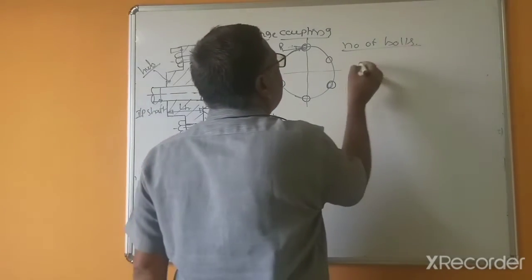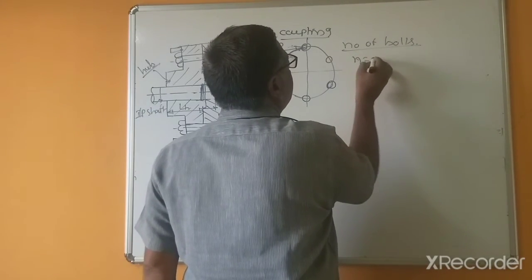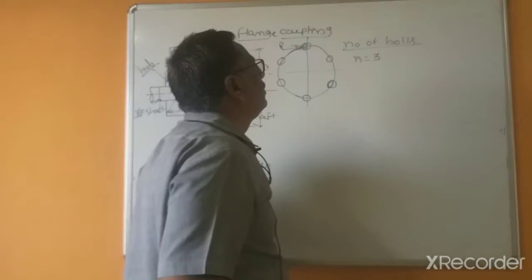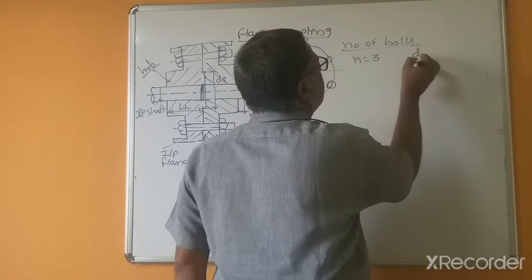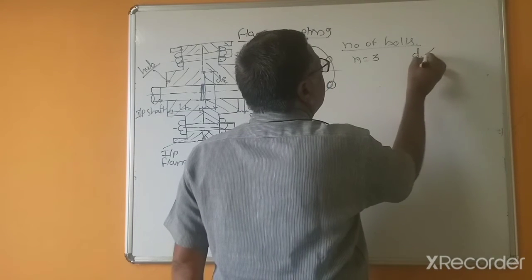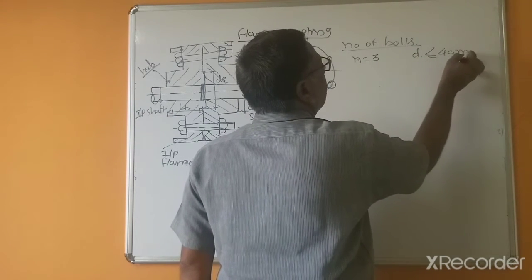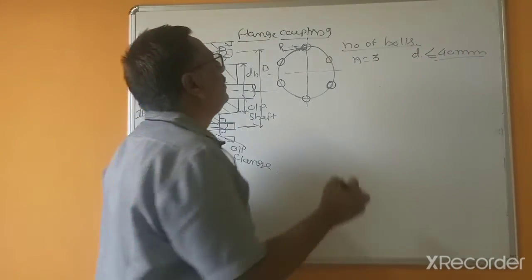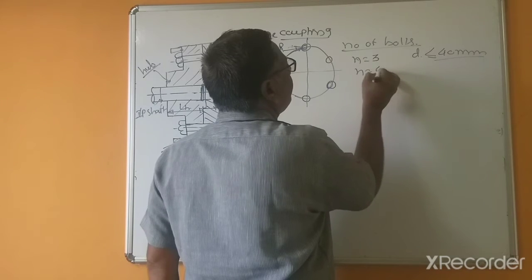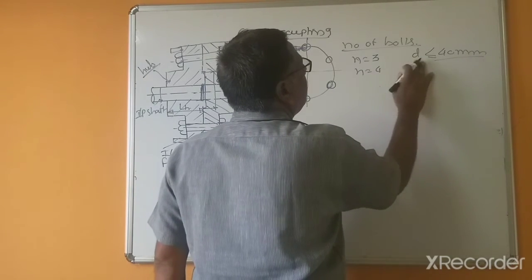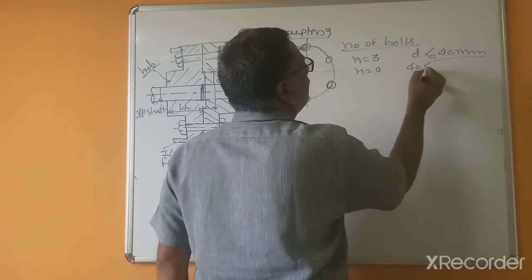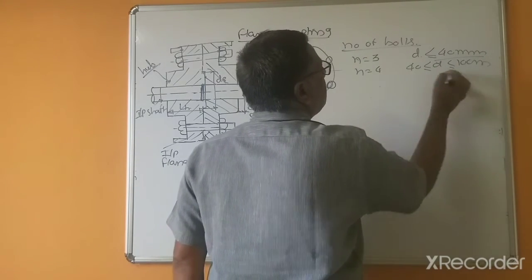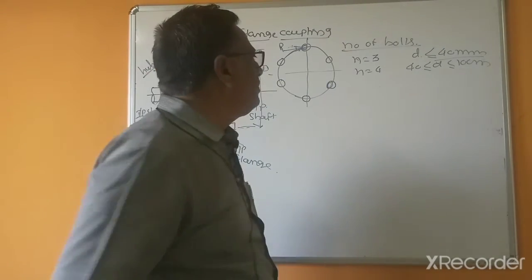N equals 3 if the diameter of the shaft is less than 40 mm. N equals 4 if D is between 40 to 100. This is the design procedure.